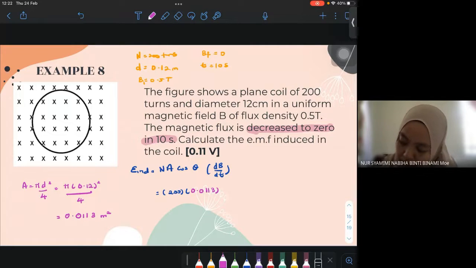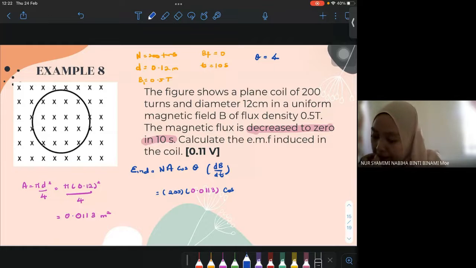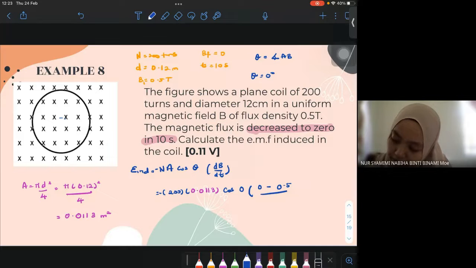So 0.0113 meter square and cos. What is the angle? Angle ni berapa? Theta is the angle between A and B. So A dia is either keluar ataupun masuk, B nya masuk, so theta is equals to 0. So cos 0, B final minus B initial, 0 minus 0.5 and the time is 10 seconds. So tolong saya kira berapa?